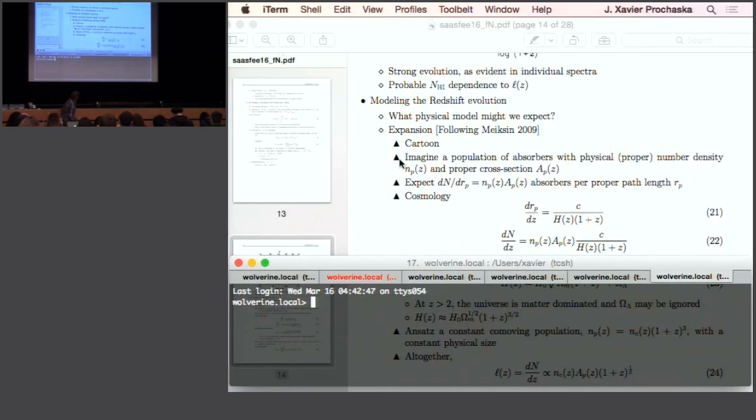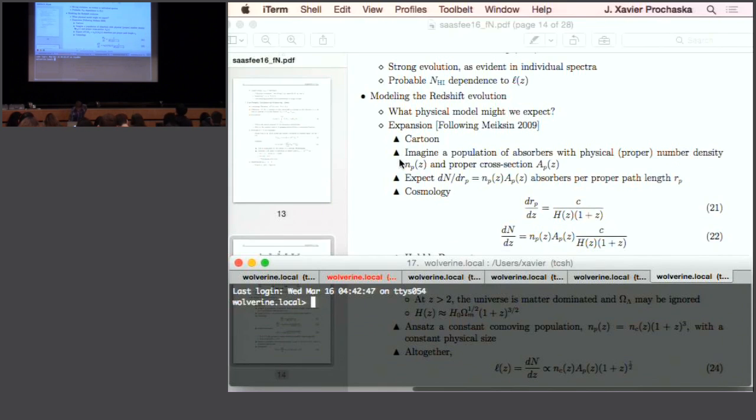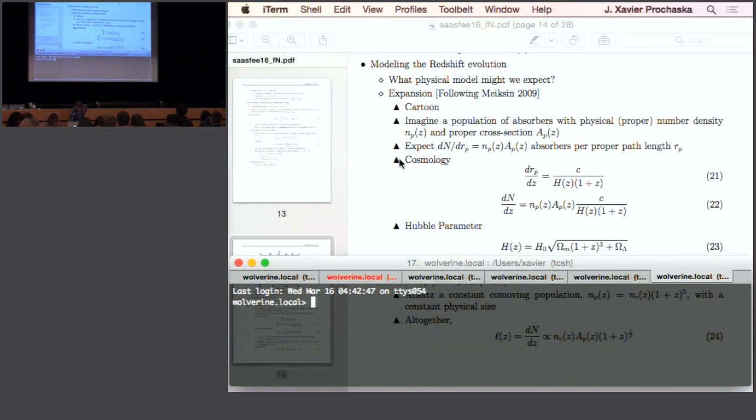So that means dndz, which is what we're after, is proportional to n a H of z over 1 plus z. It turns out that the Hubble parameter, well, this is the Hubble parameter for a flat universe, omega k equals 0. It's omega m times 1 plus z cubed plus omega lambda. At a redshift of 2 or 3, certainly by a redshift of 2 even, this term dominates over even omega lambda despite it having a higher value. So this can be approximated as 1 plus z to the 3/2 power.